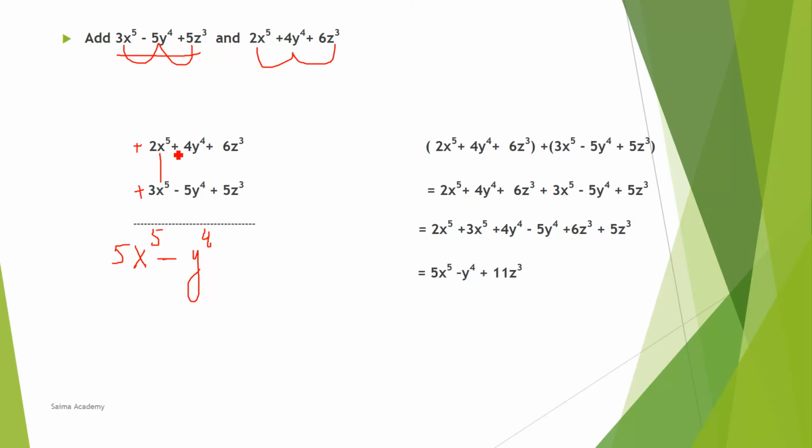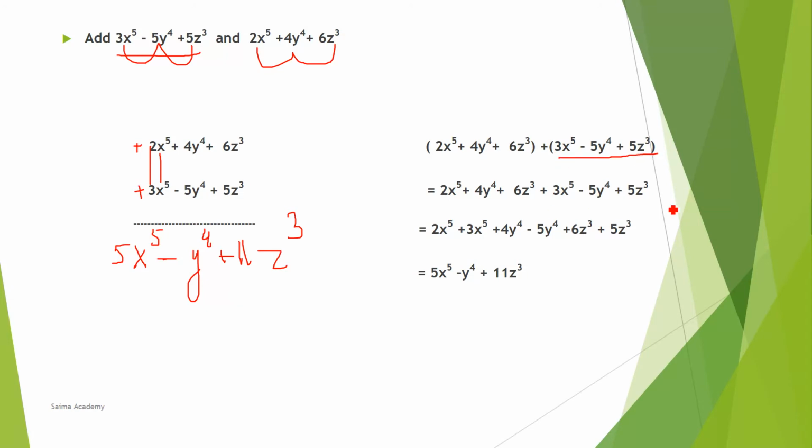And one more thing, in addition you do not have to add the exponent. The exponent will remain the same, x^5. You have to add or subtract only the coefficient. In multiplication you have to add the exponent as well, right? So this is plus plus, so it will be 11z cube. Same question I have done here. There is a positive sign before this parenthesis, so there will be no effect on it.